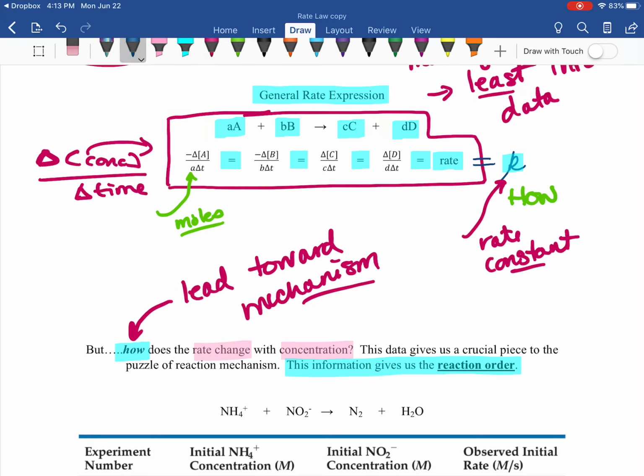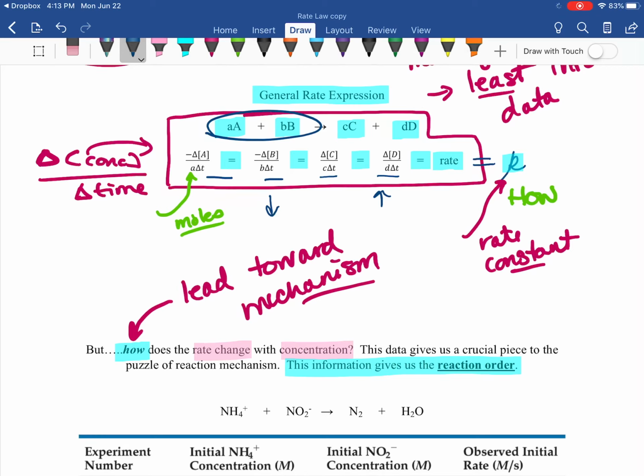And then we have understood that all of our products and reactants are completely connected. So as our reactants disappear, our products appear. So in a rate law, we want to look at what happens when our reactants start to disappear, because then our products have to appear.